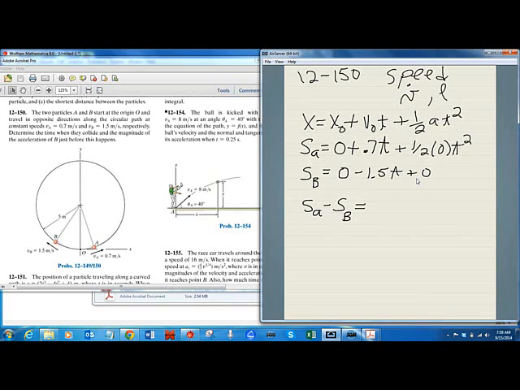The distance around a circle. 2 pi times R, right? Yeah, 2 pi times the radius. And the radius is 5. Okay? SA minus SB. Now how many equations you got? 3 equations, 3 unknowns? So we can solve it, right?